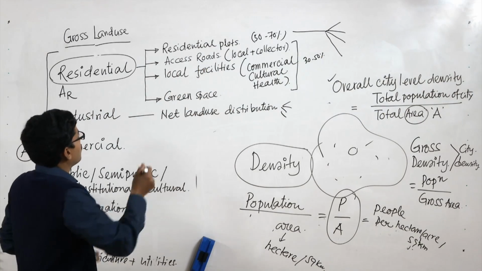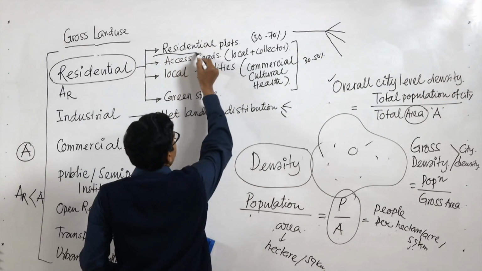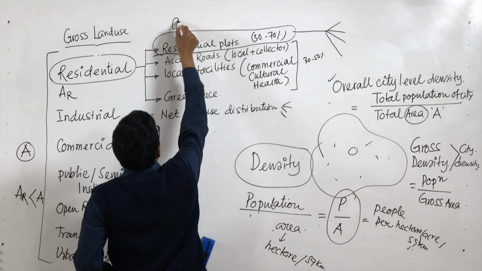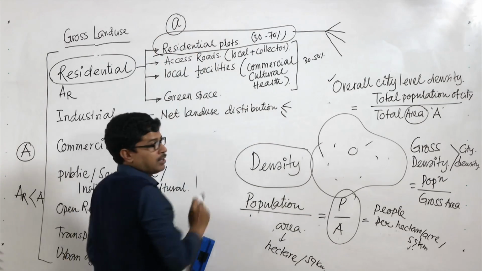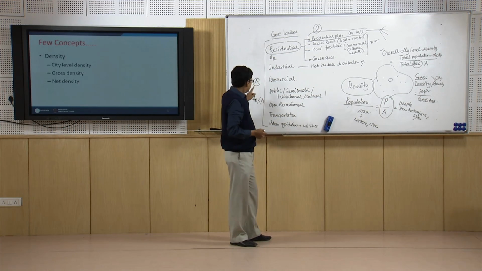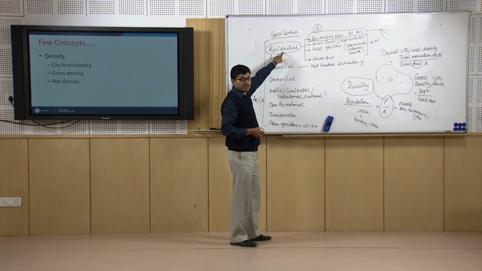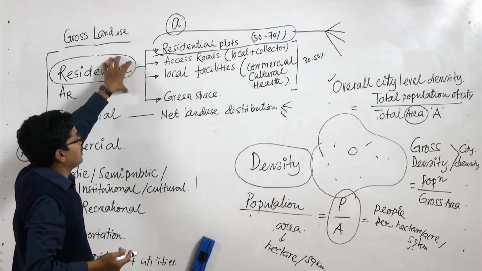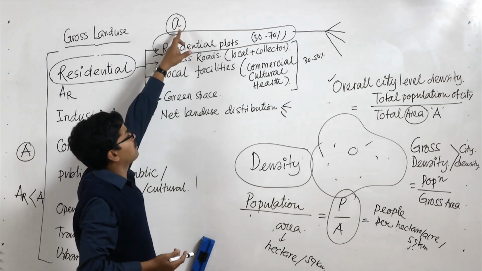So if we go to the net level and we consider this area as A, the total area of the city is capital A, and the total area of only the gross residential area is AR, which is much less than A. It can be 50%, it can be 60%, and within the gross residential area, the net residential plot area is even less.